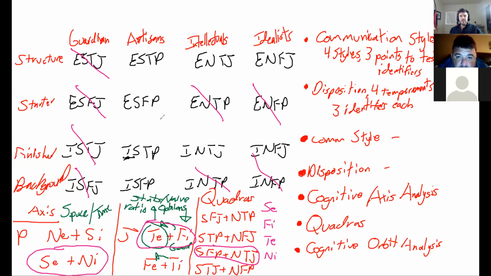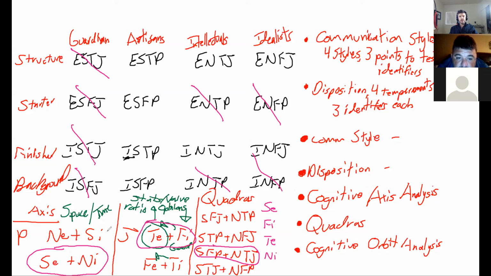So we've just eliminated half of the types by identifying 1 axis. You see how important this is now with the type grid? If you can just identify 1 axis that they're using primarily, you've just eliminated half the types.